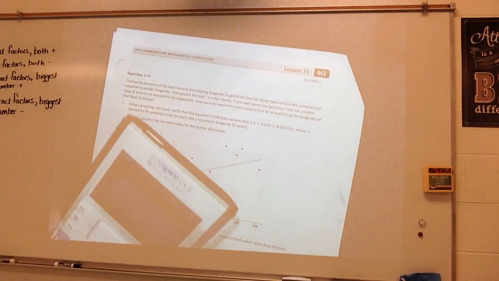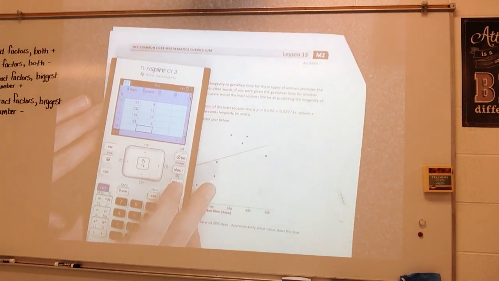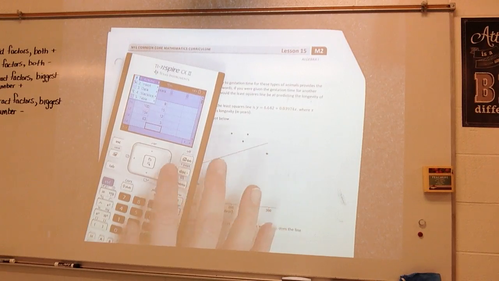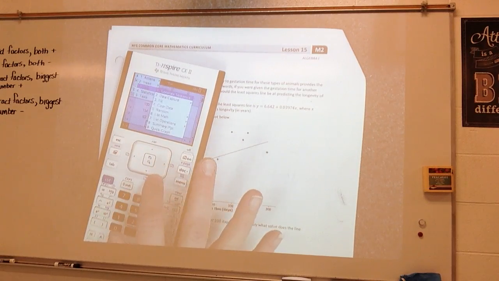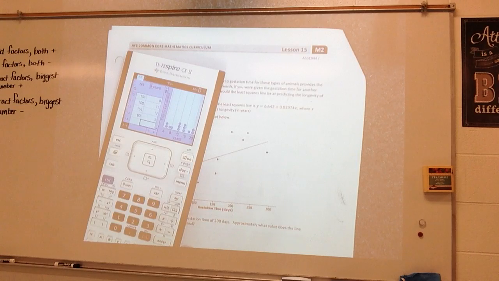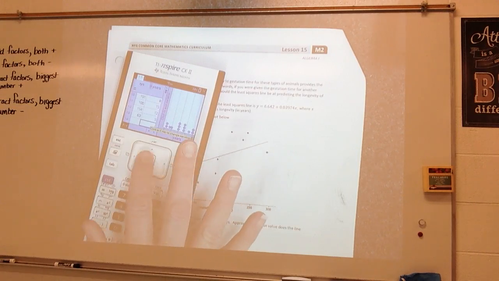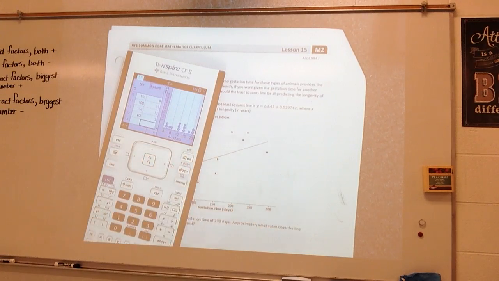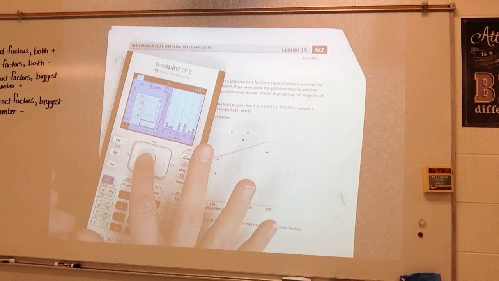I have my data entered. I'm going to go to data and do a quick graph. It told me that X was the gestation time, so I need to change that.